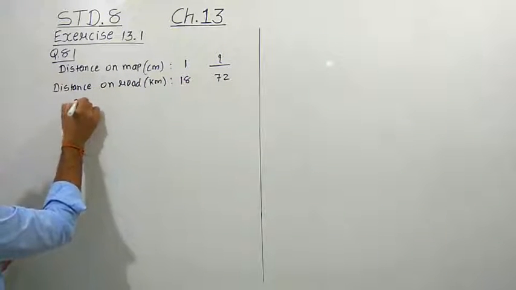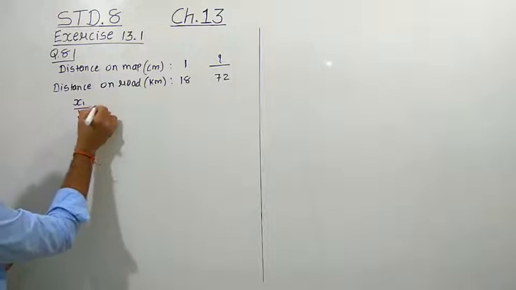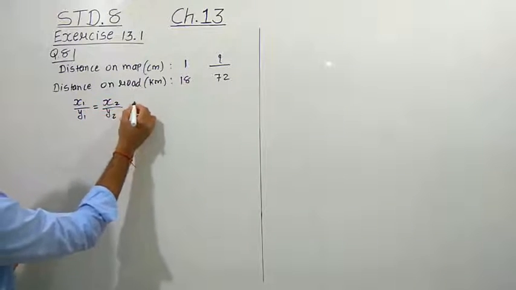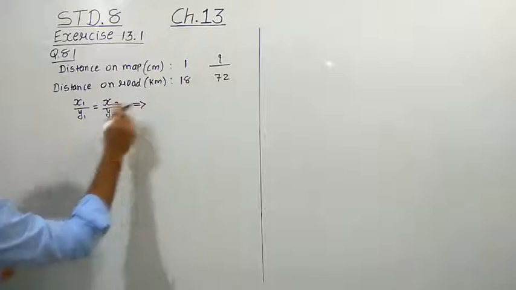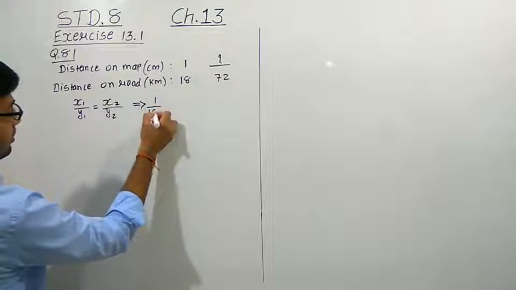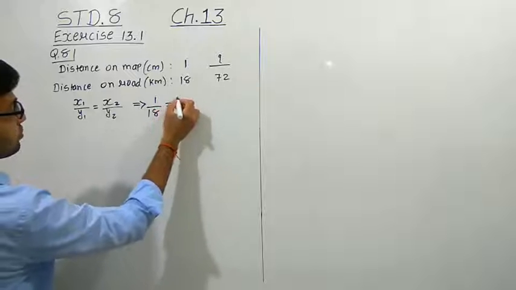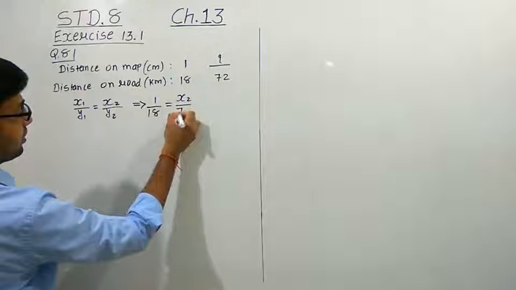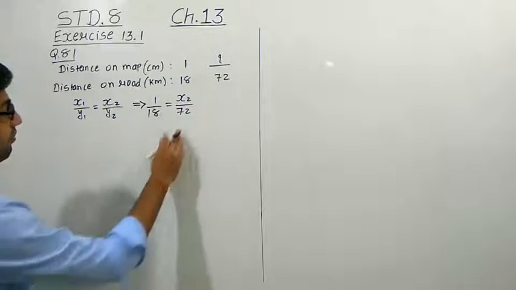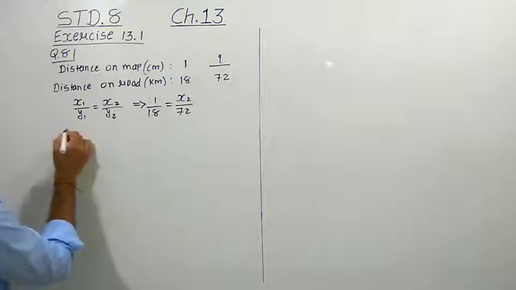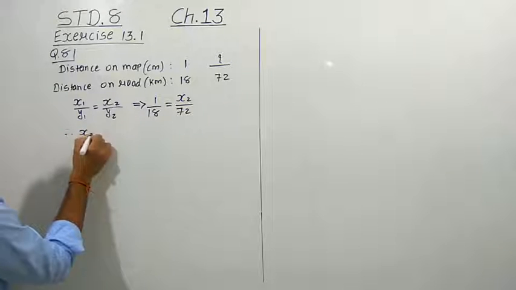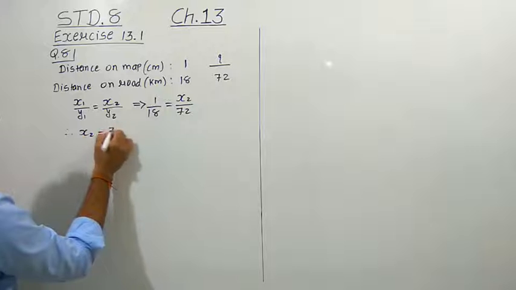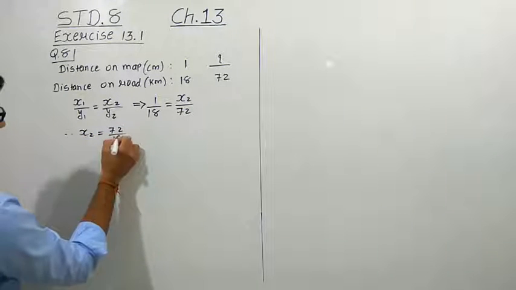That is, we can use that x1 upon y1 is equal to x2 upon y2. So here x1 is 1, y1 is 18, equal to x2 upon 72. Now if we make x2 the subject, then we can write that x2 is equal to 72 multiplied with the 1, so 72 upon 18.